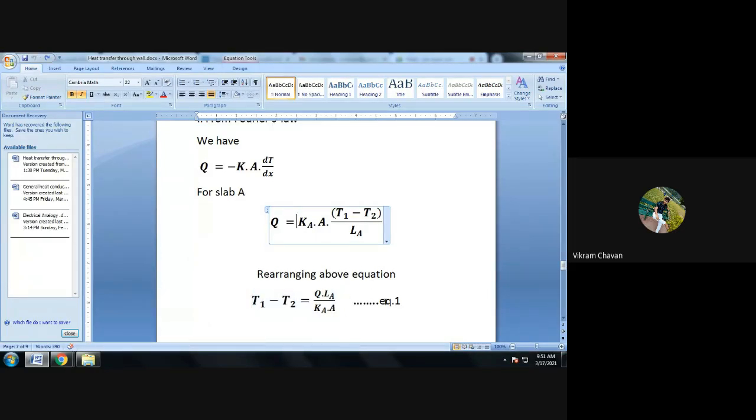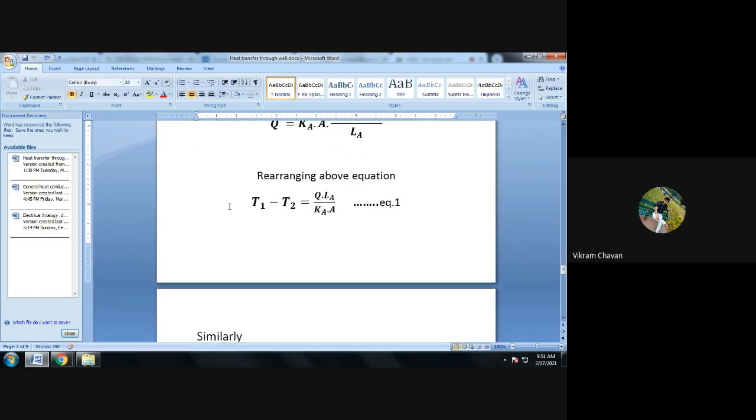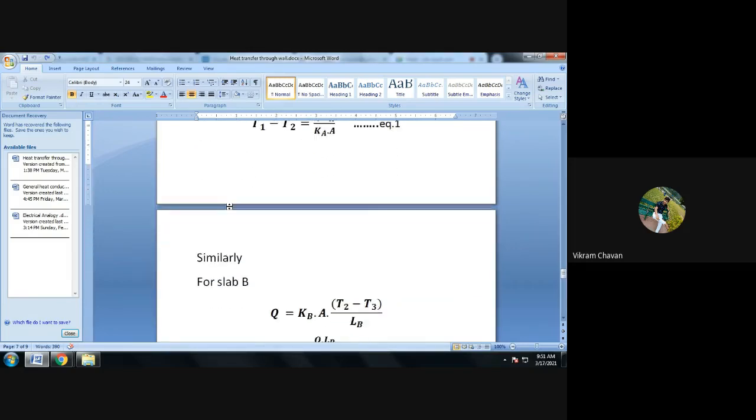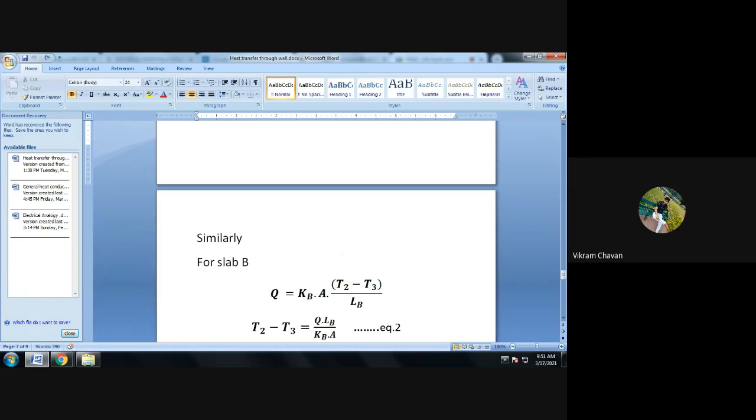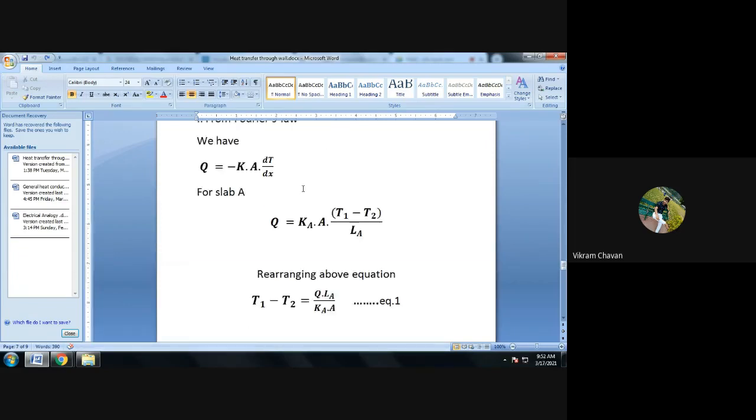Getting everyone? So that will be our equation number 1. After rearranging the Fourier's equation for slab A, we have provided it as equation number 1. In a similar fashion we are going to perform the same for slab B also. For slab B, once again we will check the diagram.